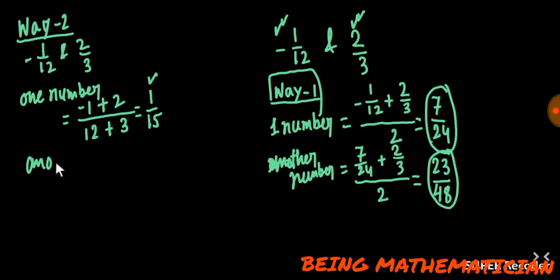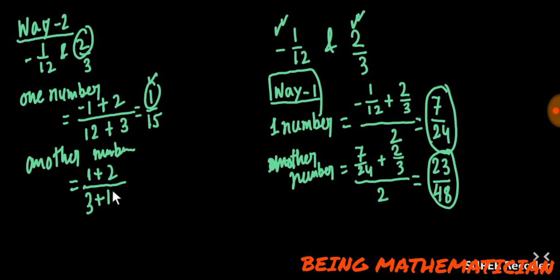Another number: in the same way, we add 1 and 2, 1 plus 2, and in the place of the denominator 3 plus 15. So the number will be 1 by 6, which is between minus 1 by 12 and 2 by 3.